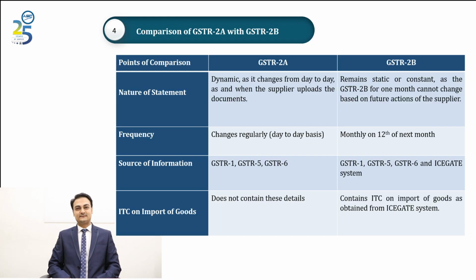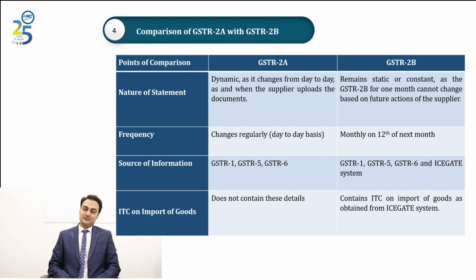The next topic is the comparison of GSTR-2A with GSTR-2B. The first point is the nature of the statement. GSTR-2A is dynamic in nature. It changes regularly, but your GSTR-2B is static in nature. It will not change on a daily basis. It will be reflected on the 12th of every month.